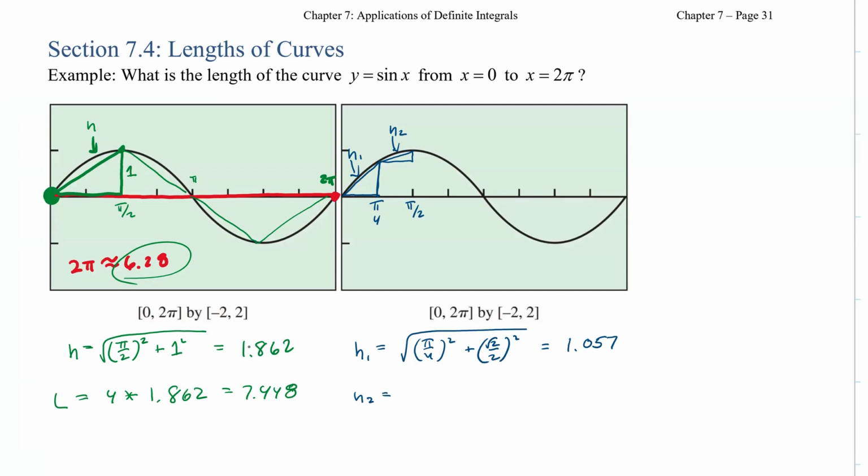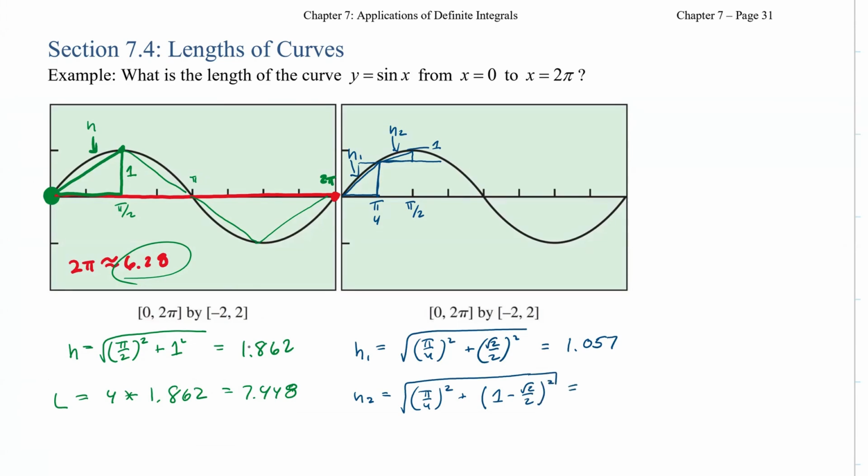A good estimate of that little hypotenuse would be something like, well, it's still pi over 4 wide in its base, and its height is that root 2 over 2, and then this was 1. So how about that height of that little right triangle is 1 minus root 2 over 2 squared.